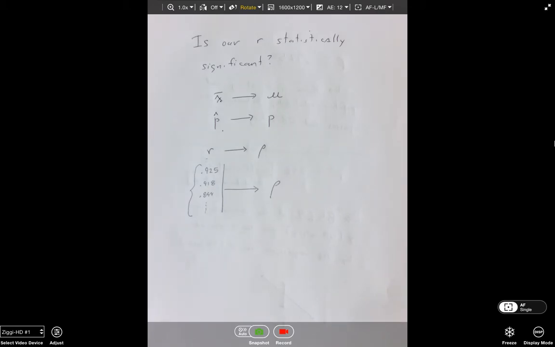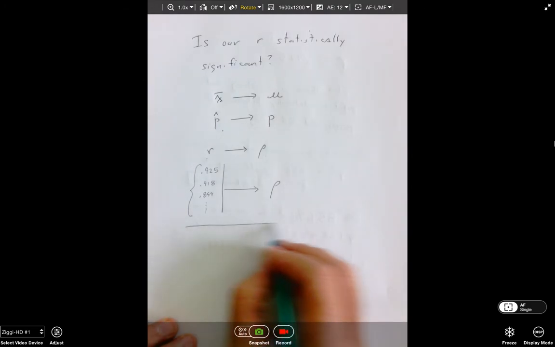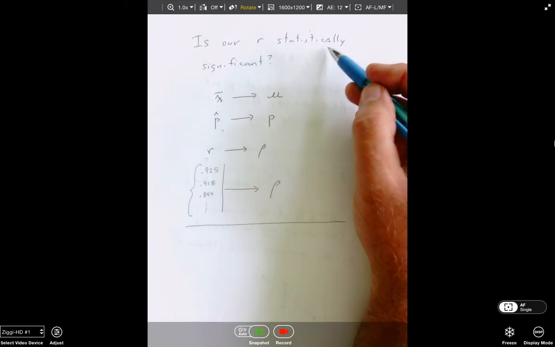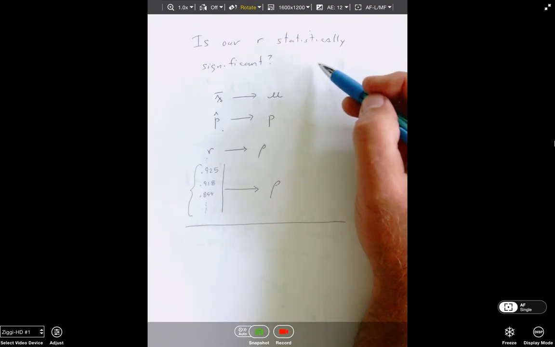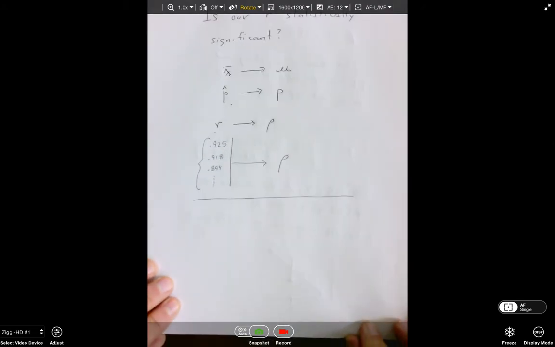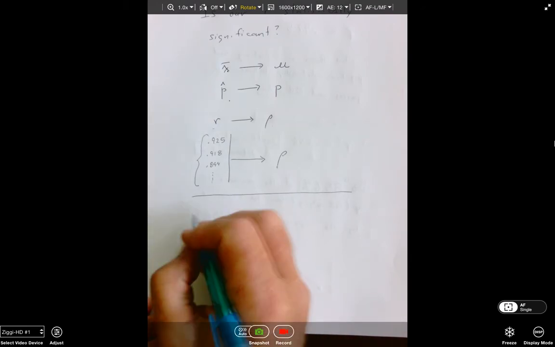All right, guys. Let me show you how this works. We clearly need to be able to find if our R is statistically significant. We need the same kind of stuff that we needed before. Remember, statistically significant means do we reject a null? Is our p-value less than our alpha? So, guys, we need the same stuff we needed before.